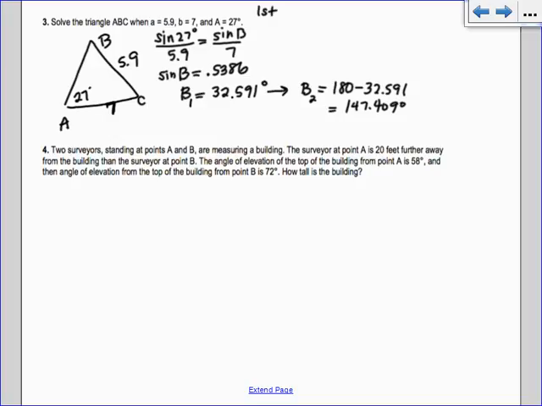Okay, so you can write it out. So we'll say first triangle, and we'll talk about the second triangle. So the first triangle, we have angle A, angle B, angle C, little a, little b, little c. So angle A is 27 for both of them.